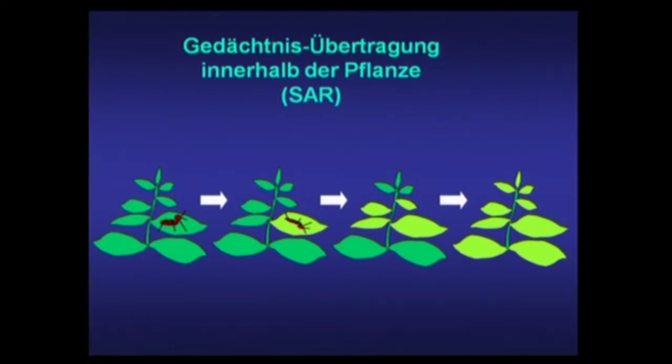But the leaves that have not been affected and not treated have received the information from the leaf that has been treated that there was an evil around and that they have to defend themselves. This is systemic acquired mechanism. We don't know exactly what kind of information is being transmitted, but the information transmitted is defend yourself.